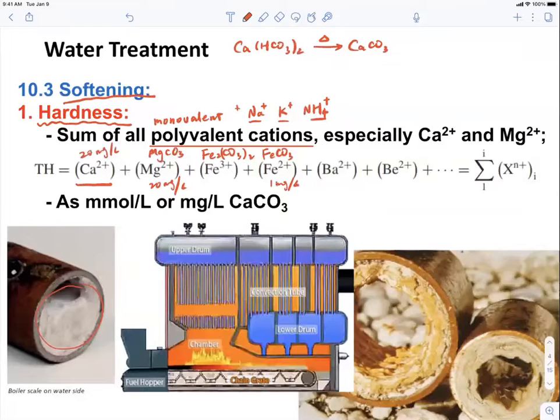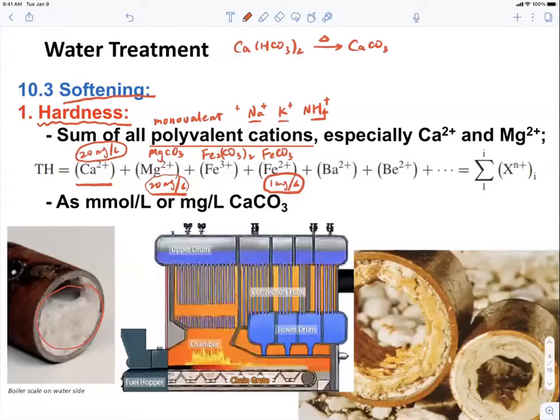So we cannot directly add their mass concentrations, mainly because different ions have their own molecular weight, right? So for example, magnesium has a very small molecular weight, which means that it may be more effective to form these scales from these sedimentations.